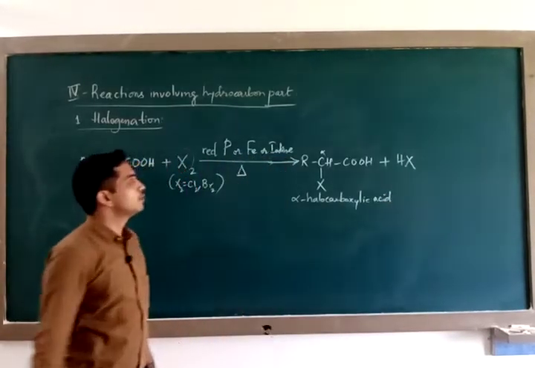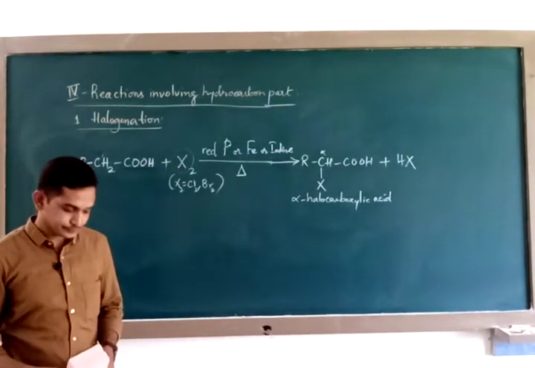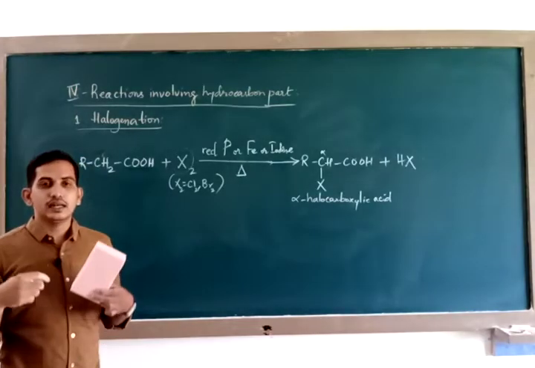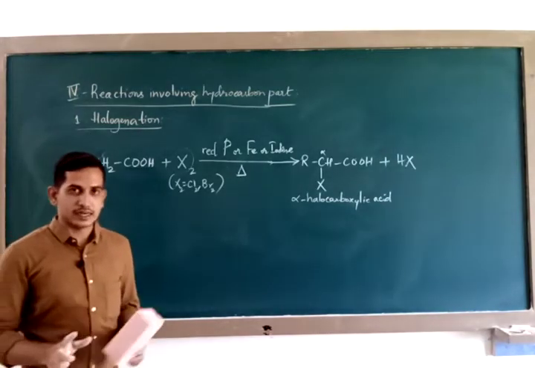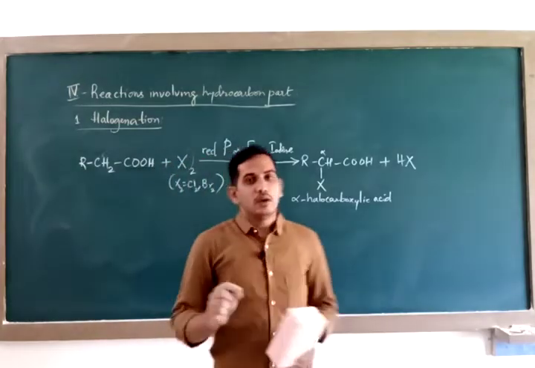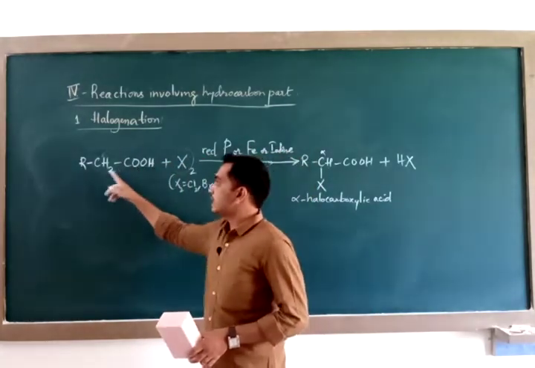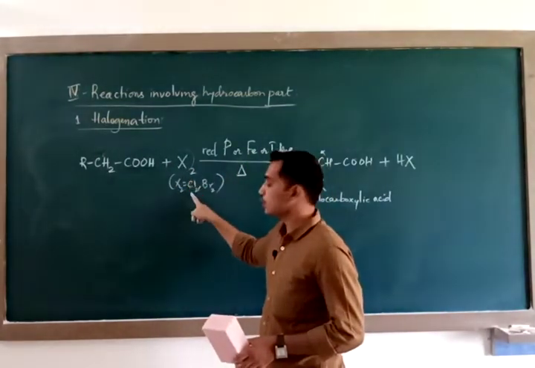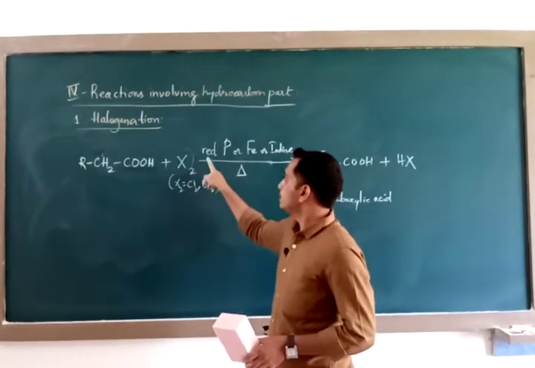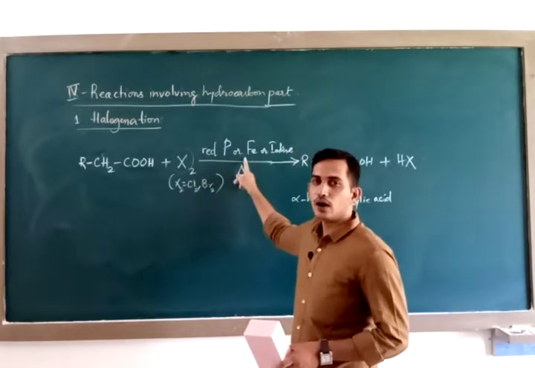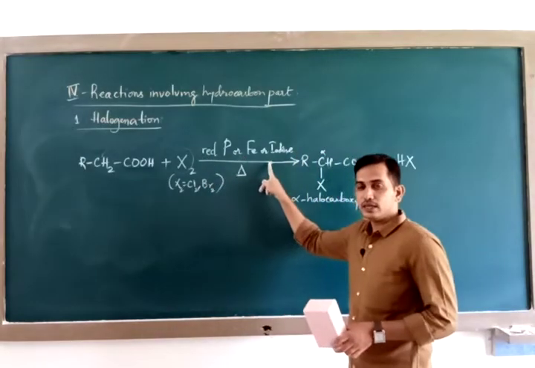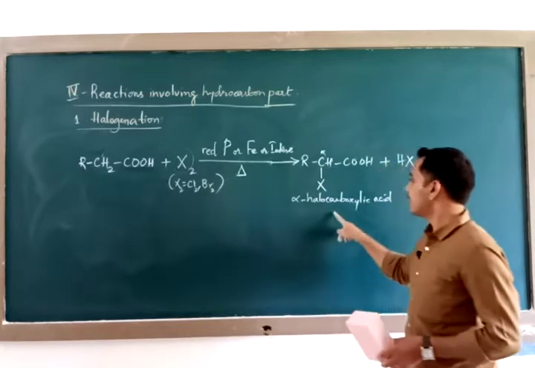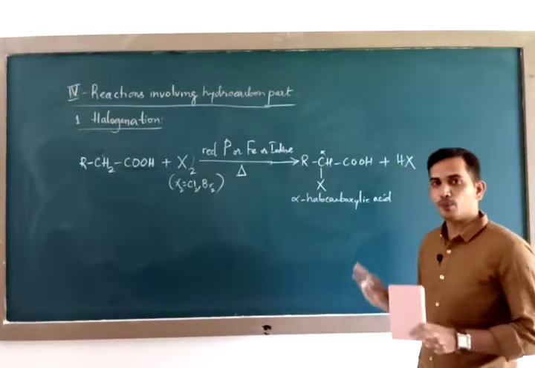Alpha halocarboxylic acid is obtained. I'll tell the statement once again. This is the final statement. When a carboxylic acid containing alpha hydrogen atom is heated with halogens like chlorine or bromine in the presence of red phosphorus or iron or iodine as a catalyst, alpha halocarboxylic acids are obtained.